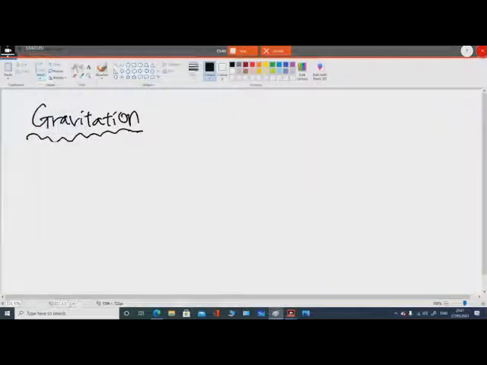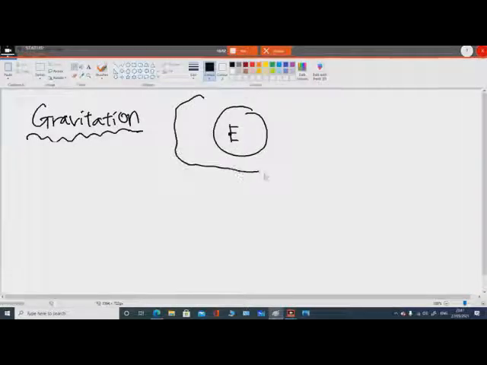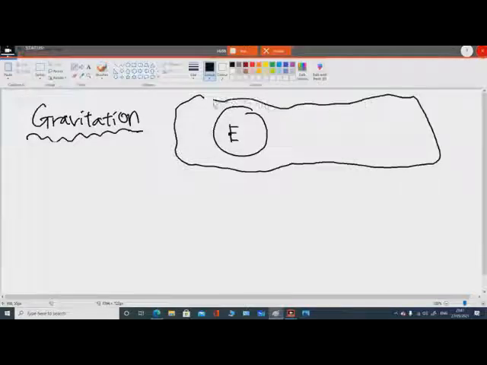Let's see how g varies with distance. Say we have our Earth here. This is the region of the gravitational field of the Earth.